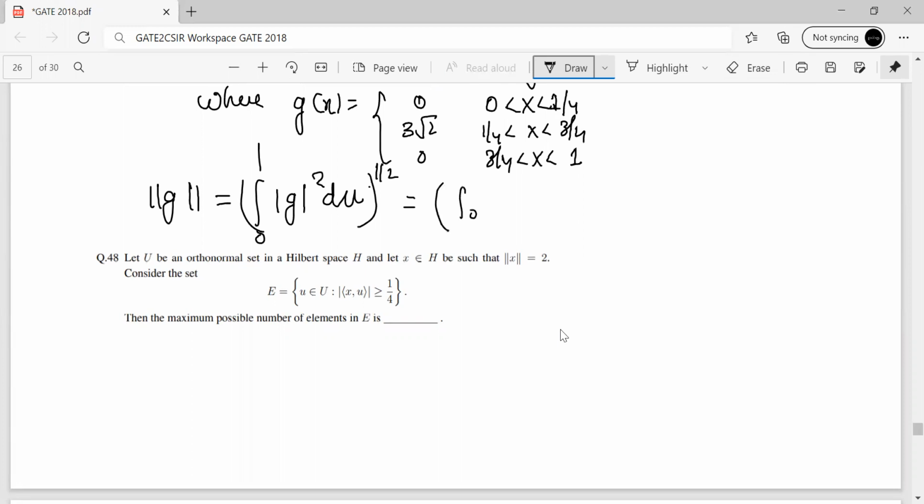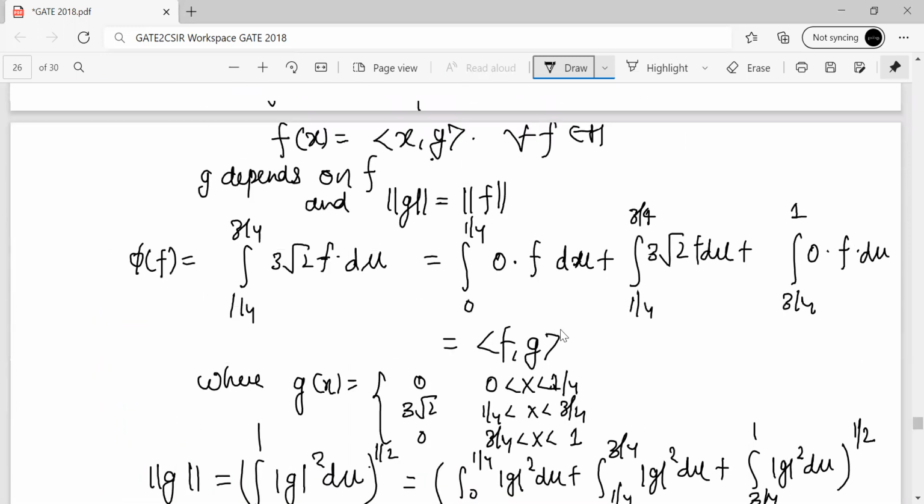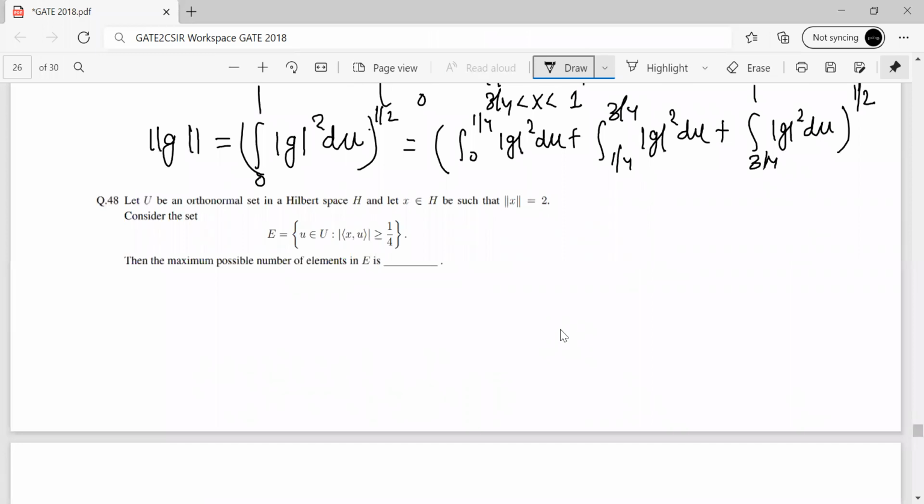Go from 0 to 1 by 4 of mod g square d mu, plus 1 by 4 to 3 by 4 of mod g square d mu, plus 3 by 4 to 1 of mod g square d mu, power half. Okay.